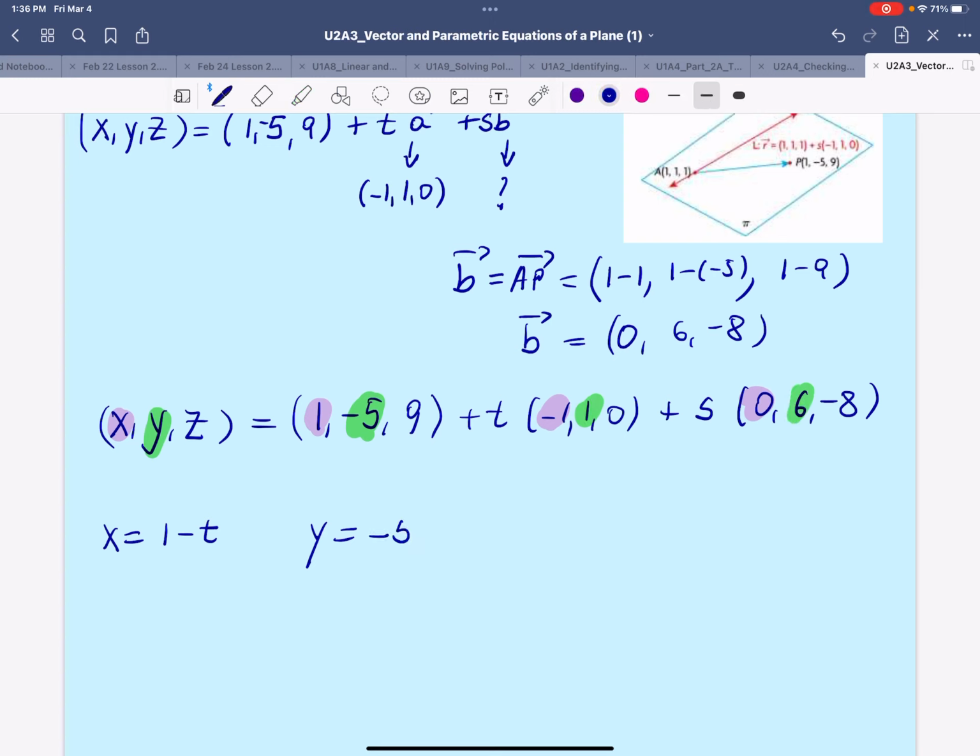So y equals -5 plus t plus 6s. And the last parameter, z: 9, 0, and -8. So we'll say that z equals 9 plus 0t minus 8s. So here go the 3 parametric equations of our plane.